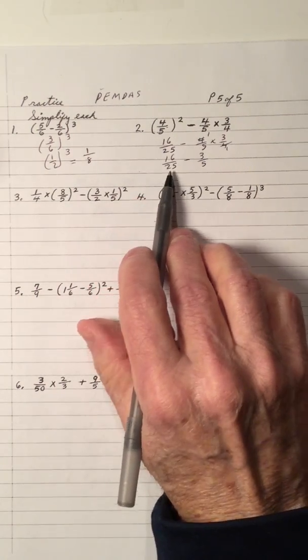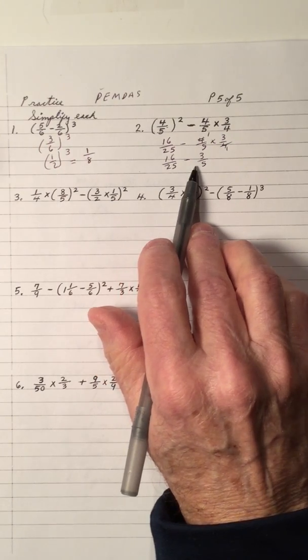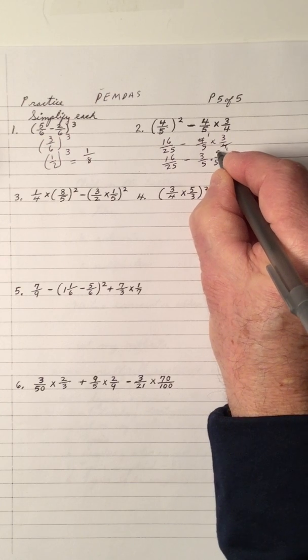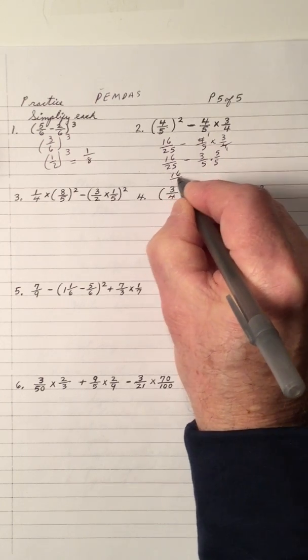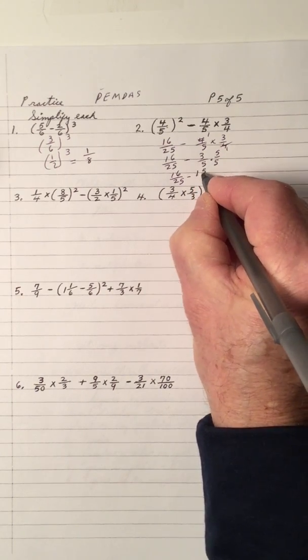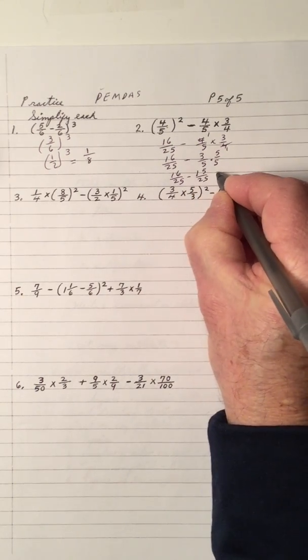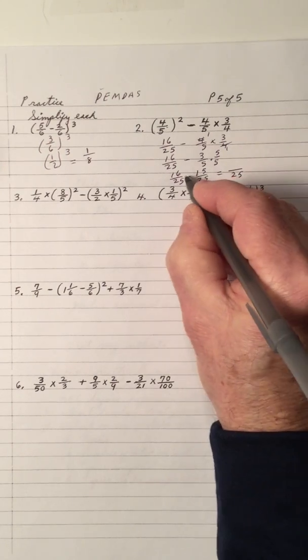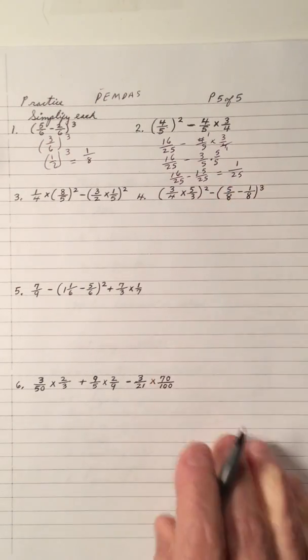Now I subtract. Common denominator for 25 and 5 is 25. So I multiply by 5 over 5 to keep it. So 16 over 25, subtract 3 times 5 is 15 over 25. I have the same denominator of 25, and 16 subtract 15 is 1.